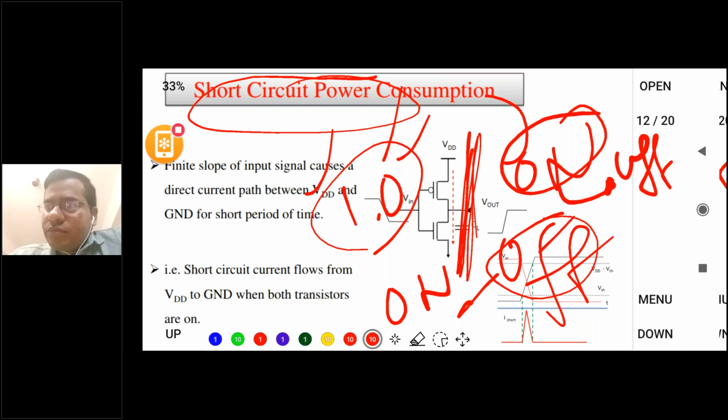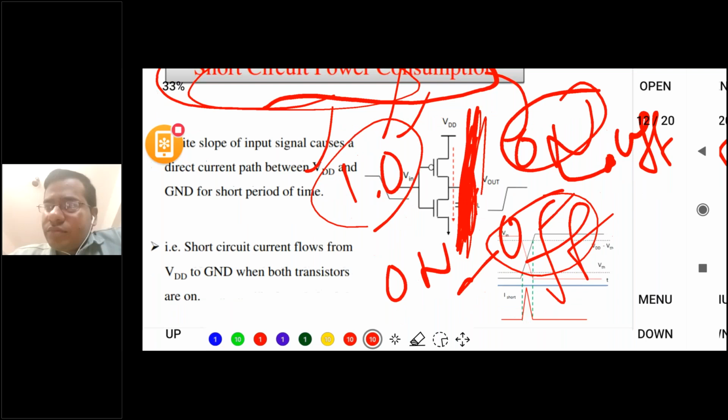So in that time, you assume that this connection is established for a very short time. That is known as short circuit power dissipation. Of course this value is not very high, it is very small, but we do not neglect this value. This also affects your total power.